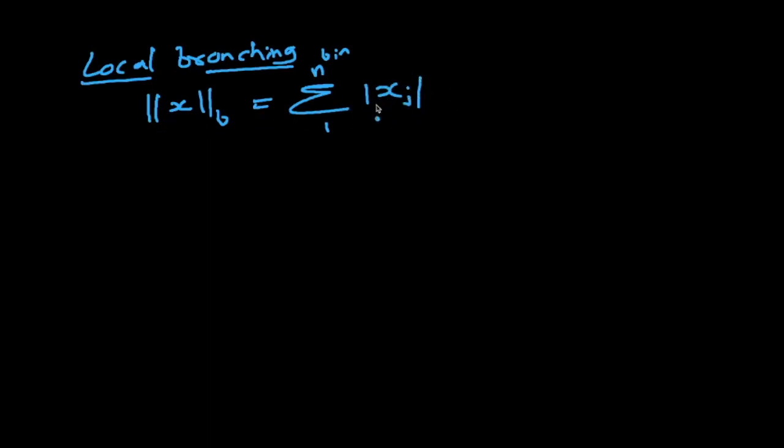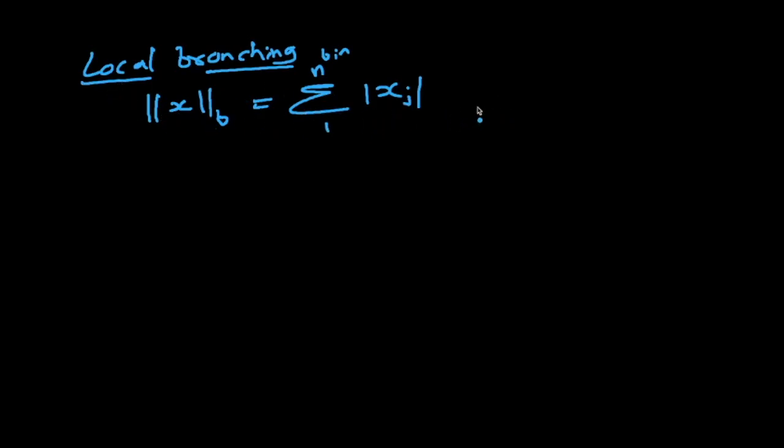So this is basically the binary norm. Technically it is not a norm. If you are a student and can figure out why this is not a norm, it's a very easy argument, and I'd encourage you to write it in the comments. It's a small exercise for you. It's basically how many binary variables are taking value 1, and otherwise how many of them are 0, right? So that's the binary norm.